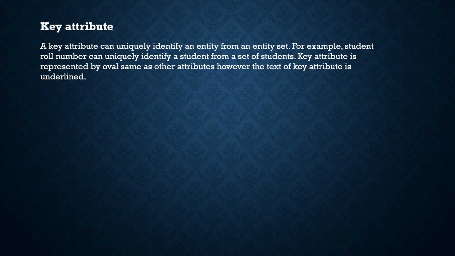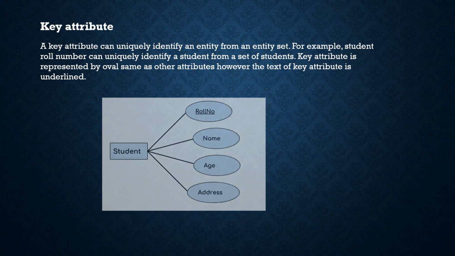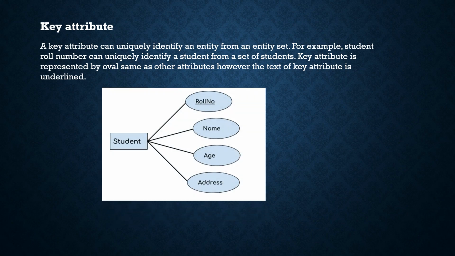For example, student is an entity, and can have the roll number, student name, student class, student section. And here we can represent each and every student by using his roll number. So roll number must be the key attribute, because no two students can have the same roll number.